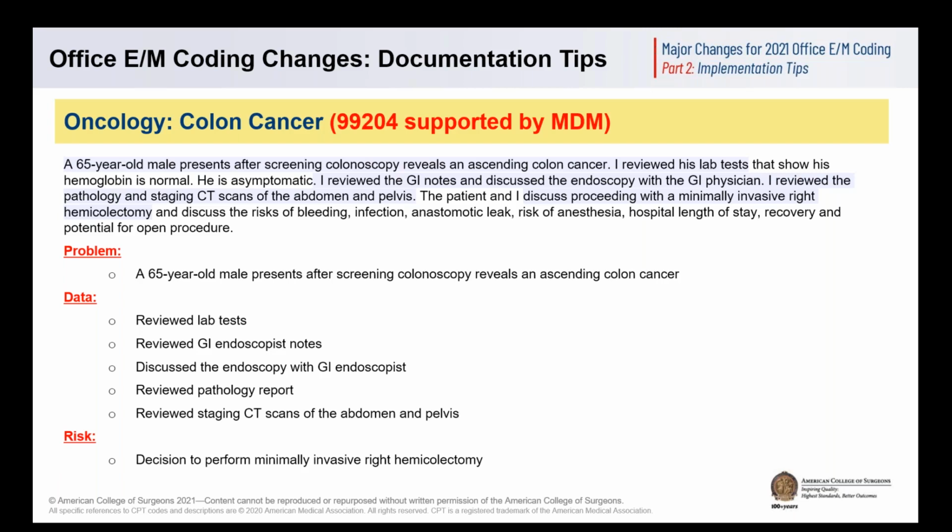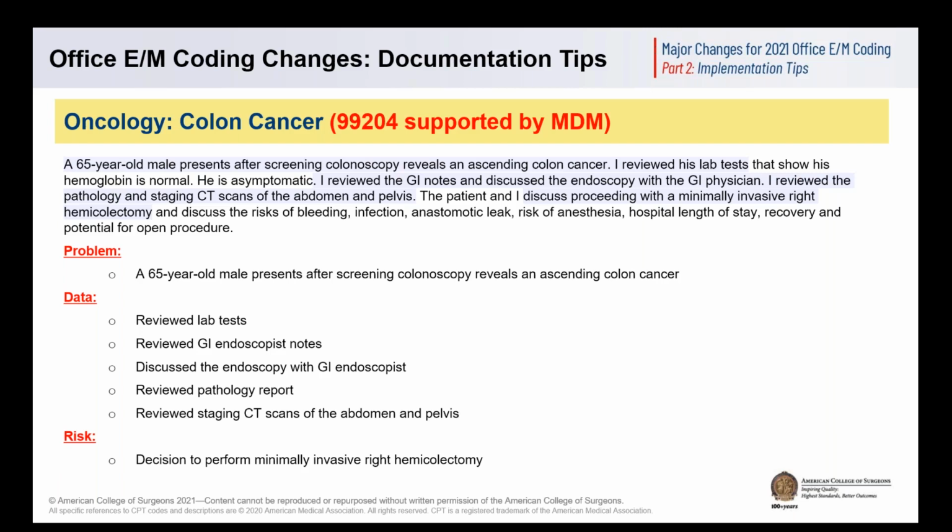So my first example will be a level 4, and this is a 65-year-old male presenting after a screening colonoscopy in which an ascending colon cancer was found. The surgeon reviewed the lab tests. His hemoglobin was normal. He had no symptoms. The surgeon reviewed the GI notes and discussed the endoscopy with the gastroenterologist. The pathology was reviewed.